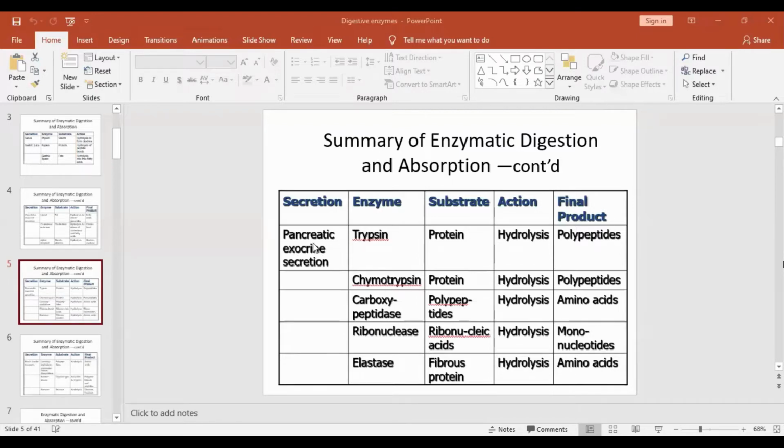We are discussing what digestive enzymes are available there and what action they carry out. These enzymes cause hydrolytic cleavage of their substrates to give smaller products. Chymotrypsin provides polypeptides, and carboxypeptidase provides amino acids. These are the final products.